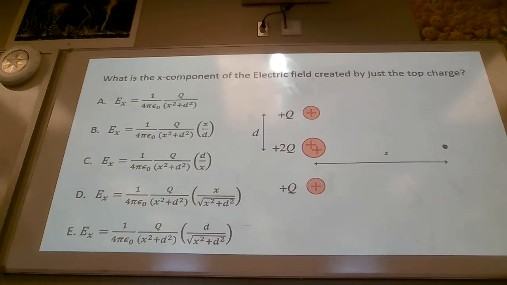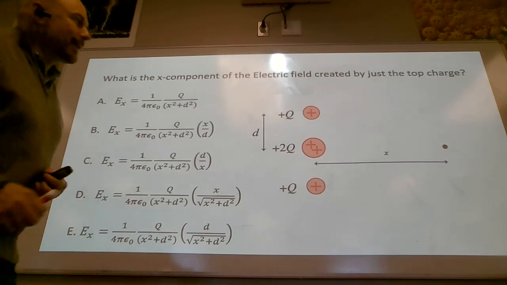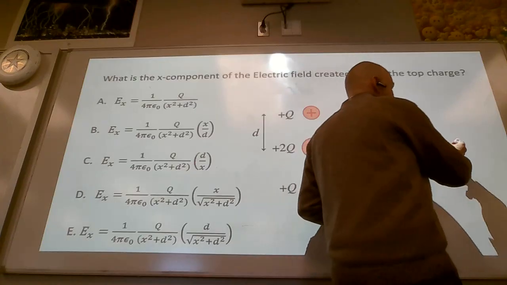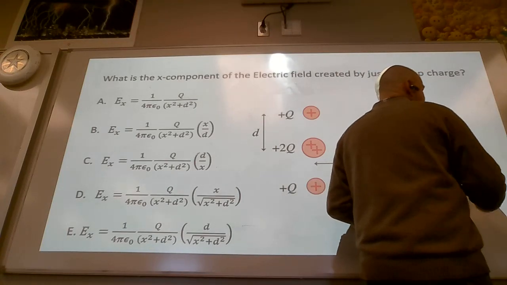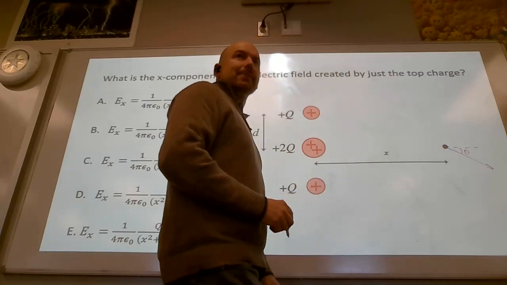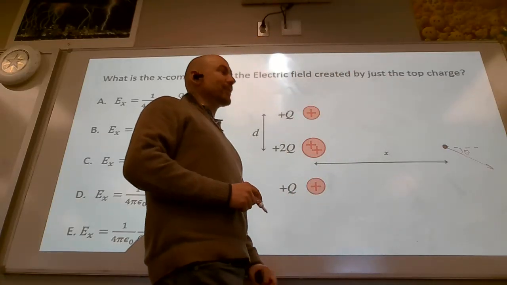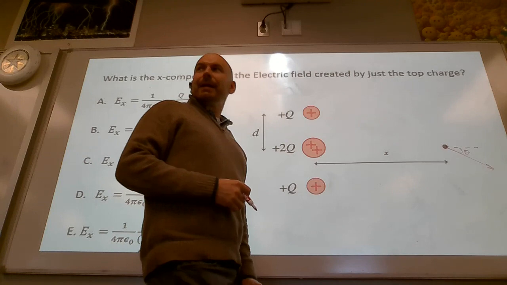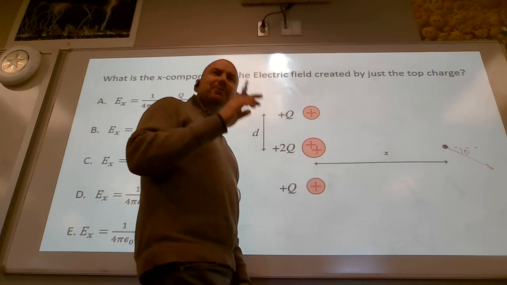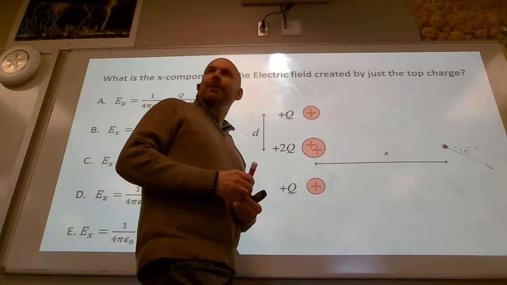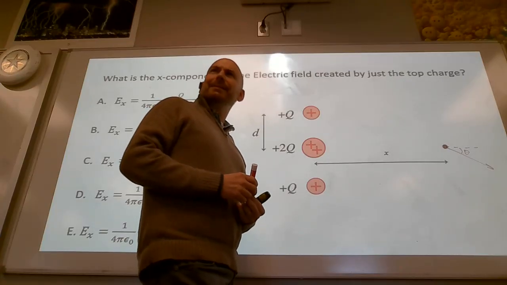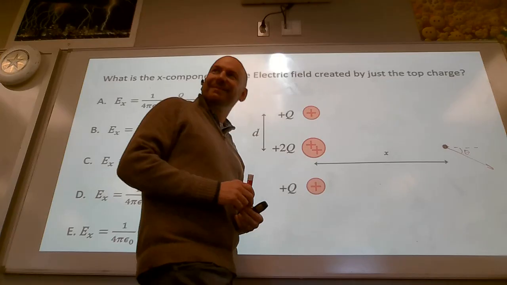Okay. Correct answer is D. I want the x component of that. Okay, so I need to use cosine, but that's not an option. That's what I think you're going to find a lot in AP: this is what I think should happen, but that's not an option.